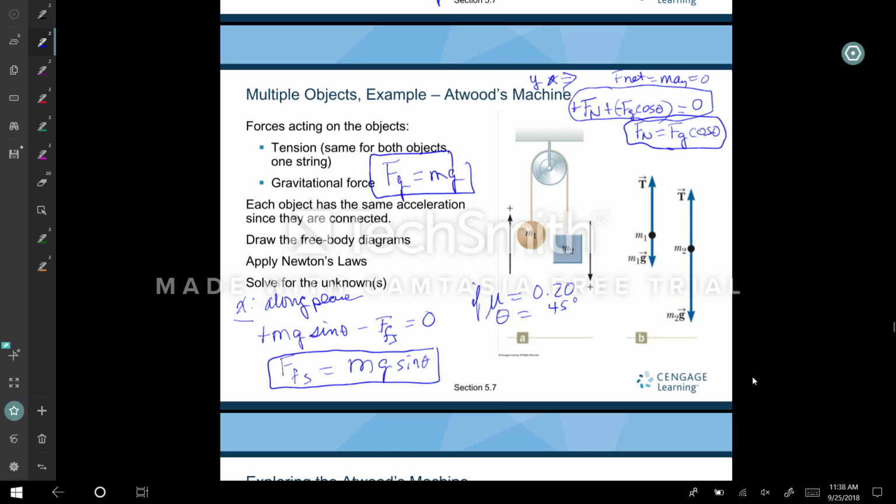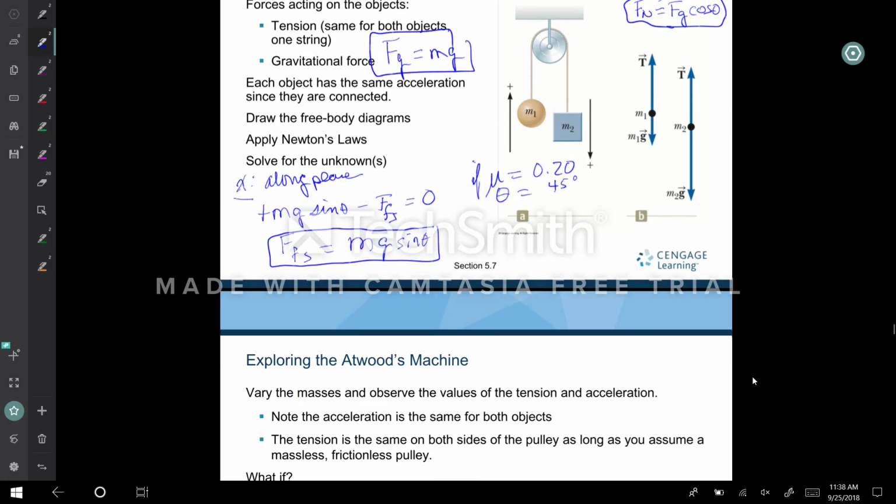Okay. So let's look at that. Let's look at what that requires. mg sine theta equals the force of friction, and mg cosine theta is the normal force.